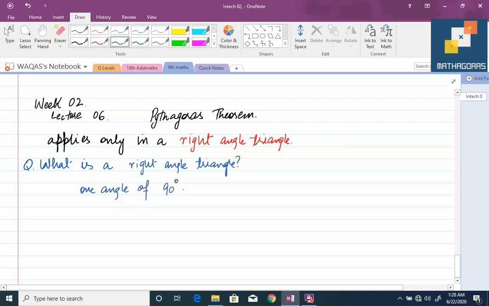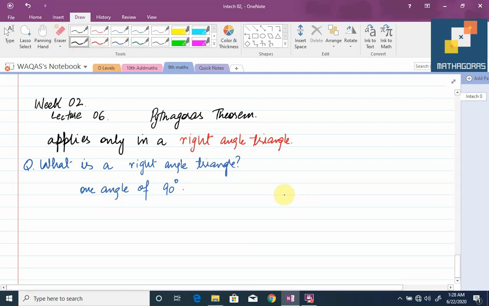At least one angle of 90 degree must be present in a right angle triangle, right? So Pythagoras applies only on that triangle which has at least one angle of 90 degree.